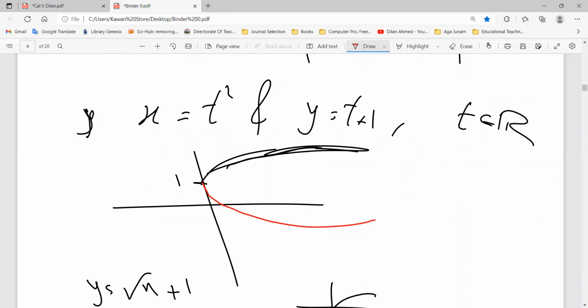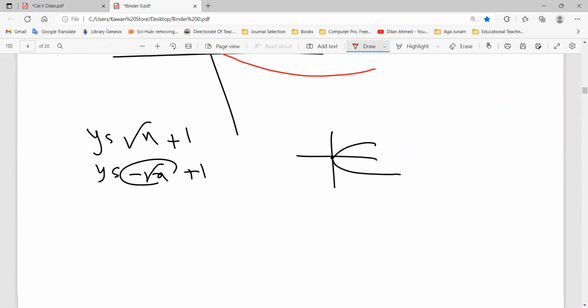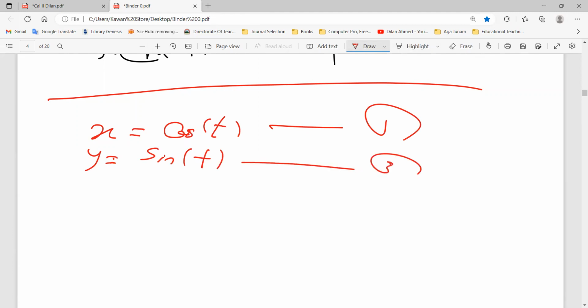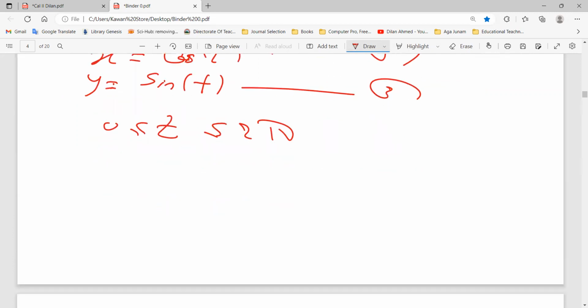You can think about it and substitute, or directly say x equals cosine of t, y equals sine of t, with t between 0 and 2 pi. So I have t, x, y, and what else?